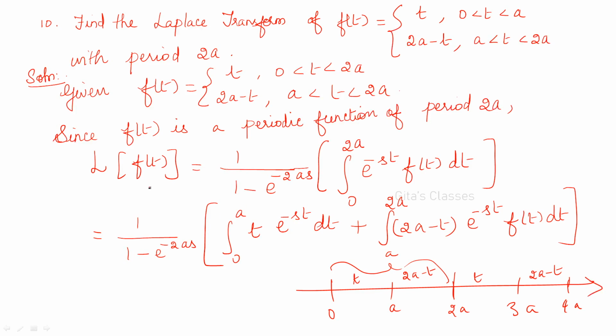Okay. That is why we can write L of f of t. If it is a periodic function of period 2a, then 1 by 1 minus e power minus the period into s, and integral 0 to the period into e power minus st f of t dt. So from 0 to a it is defined as t, and a to 2a it is defined as 2a minus t.